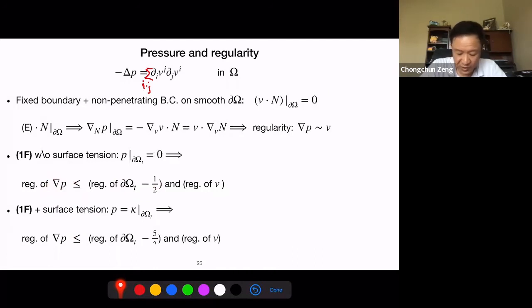Especially when you restrict it to the boundary, the regularity of this term is worse than the boundary regularity. So one has to figure out a better way than treating it as a driving force as in the fixed boundary problem, a correct or reasonable way to identify the structure to handle the related regularity issue.